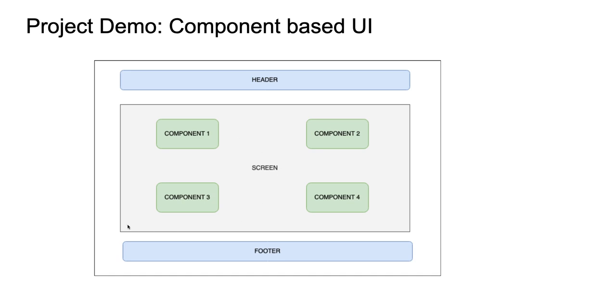For example, first we render a screen and we mount the React components, which are function-based components, onto the screen component. And also the header and footer components will be there to support the navigation and footer information.